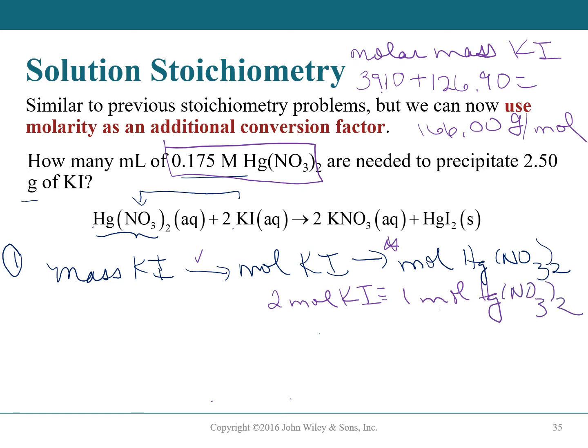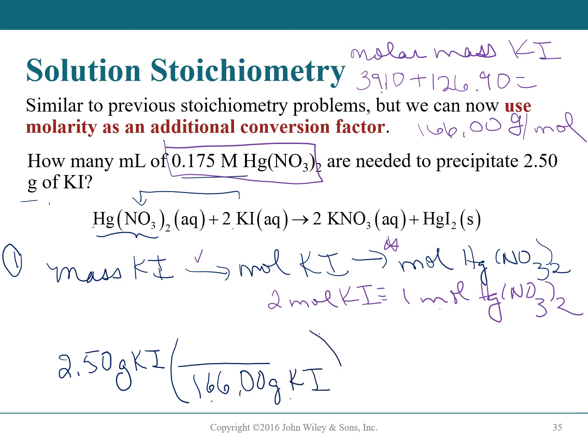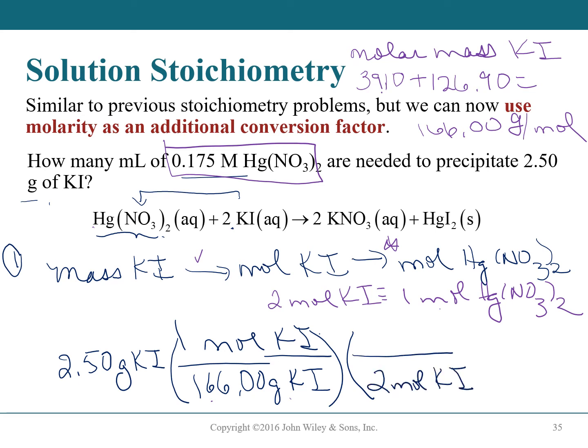So let's go ahead and do this calculation first. We're given 2.50 grams of potassium iodide, and we determined the molar mass to be 166.00 grams of potassium iodide for every 1 mole of potassium iodide. And we know by mole-to-mole ratio, every 2 moles of potassium iodide requires 1 mole of mercury 2 nitrate.